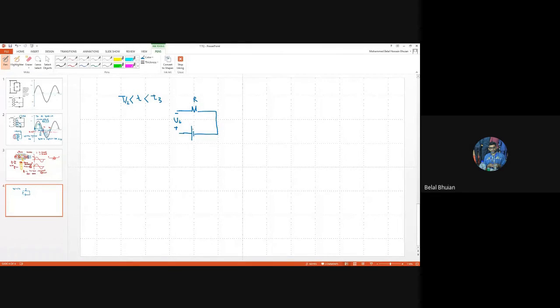The current is flowing in this direction, the real current.